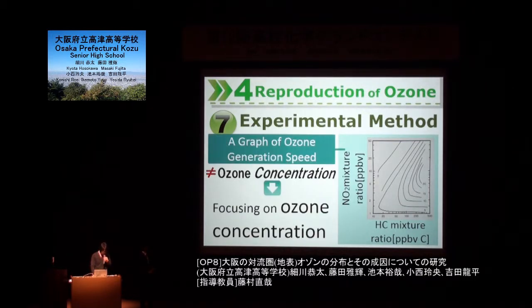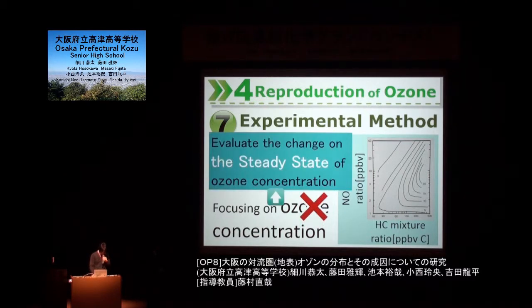However, we must be careful not to misunderstand the measurement. The right picture shows a graph of ozone generation speed, but it does not mean change of ozone concentration. That's why it is not correct to focus on ozone concentration, and we decided to evaluate whether ozone is generated or not according to changes in steady-state ozone concentration.